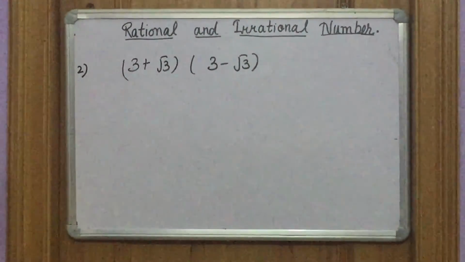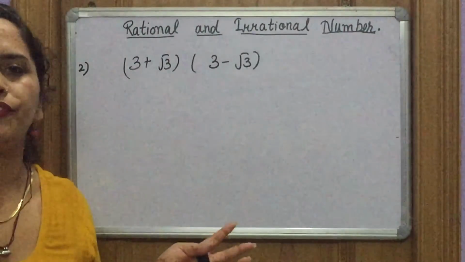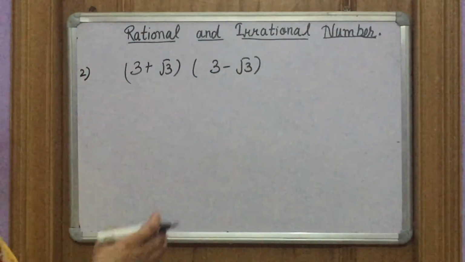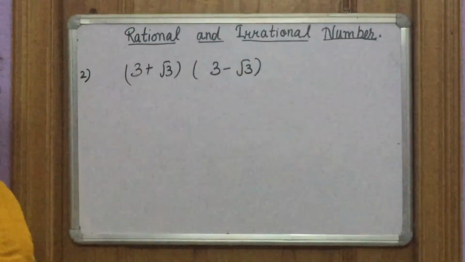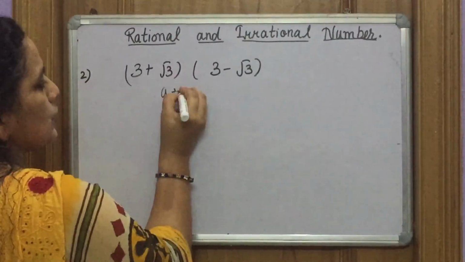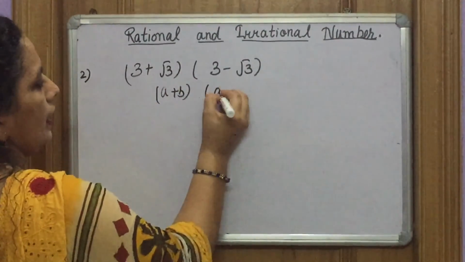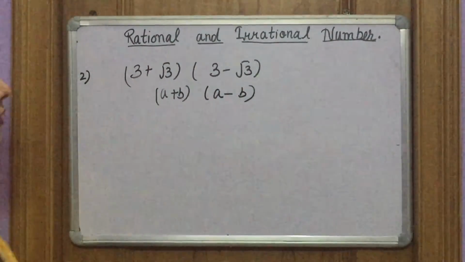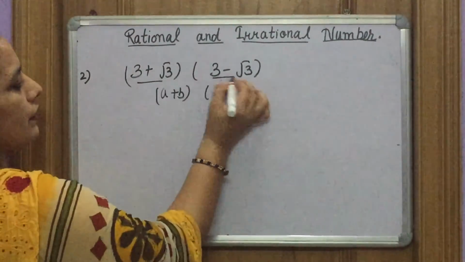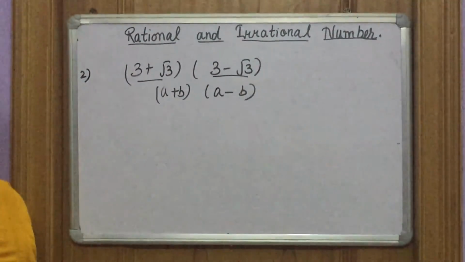First method is as we have already done in the first part, you can apply this method also, or you can apply an algebraic identity, which is a plus b times a minus b, because as you can see here, in the brackets both of the terms are the same.